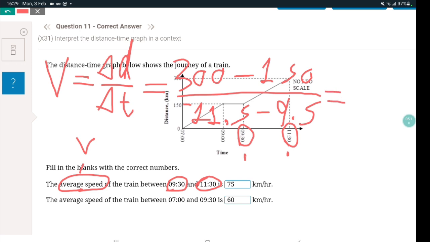If you simplify, 150 over 2, which is equal to 75.